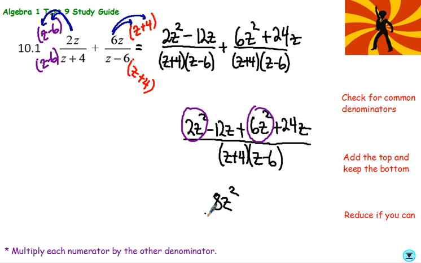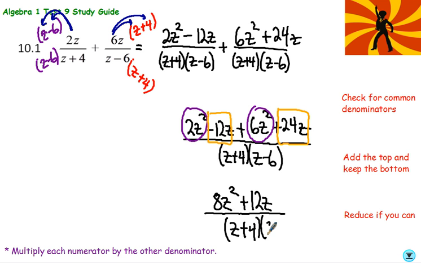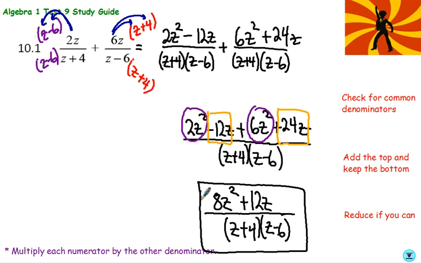And then I can combine negative 12z with 24z, and that's a positive 12z, since 24 minus 12 is 12. And that's over, again, the denominator stays the same, z plus 4 times z minus 6. And that would be our final answer.